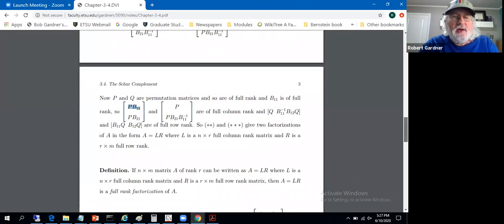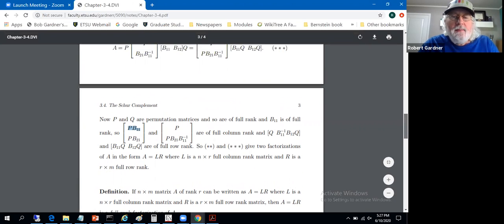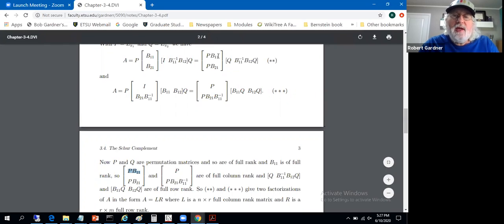So I'm not sure entirely what the dimensions of the P matrix are, but the product is defined. Okay, so we're looking at this. We've got a full rank matrix at the top. Let's look at this as well. P itself is a full rank matrix.